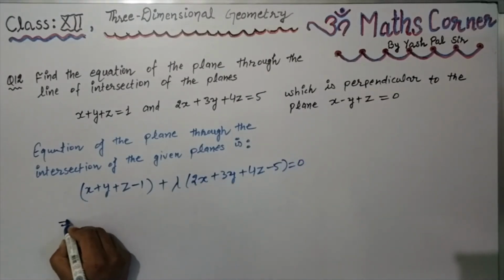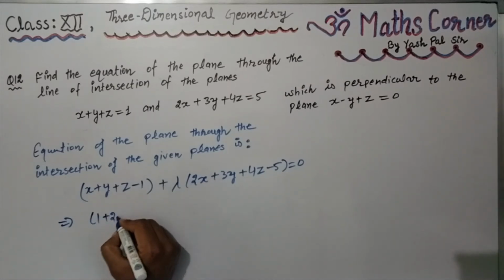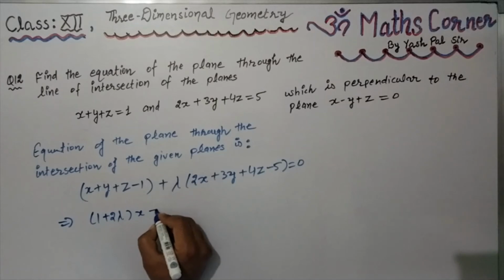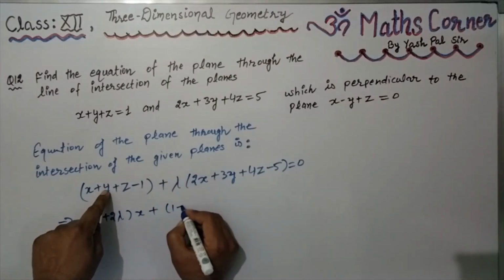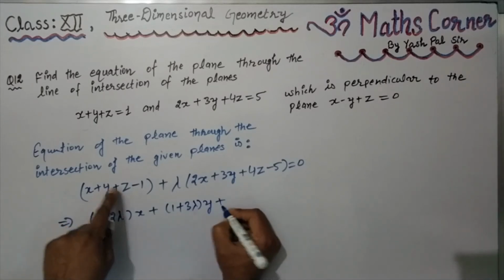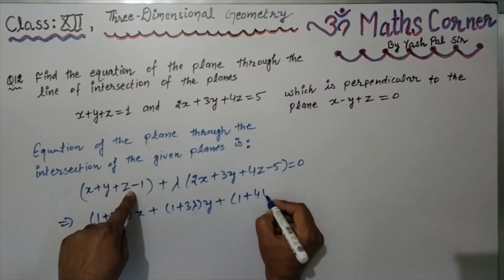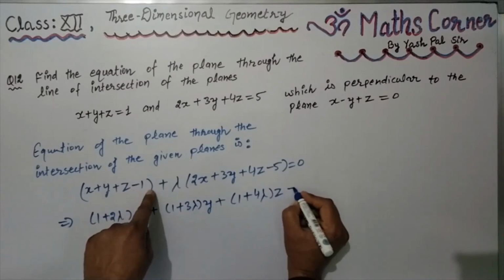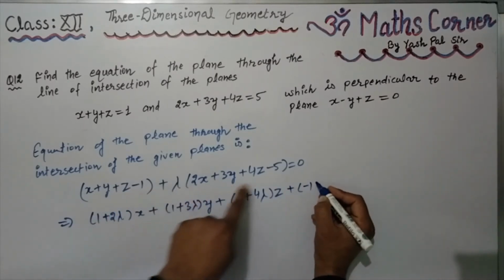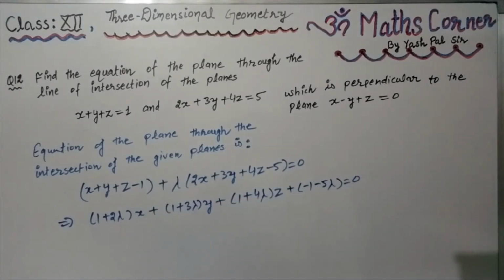So we can also write this equation as (1 + 2 lambda)x + (1 + 3 lambda)y + (1 + 4 lambda)z + (-1 - 5 lambda) = 0.